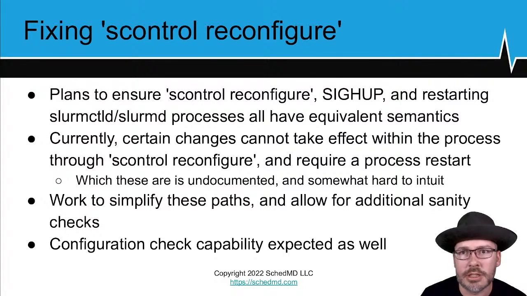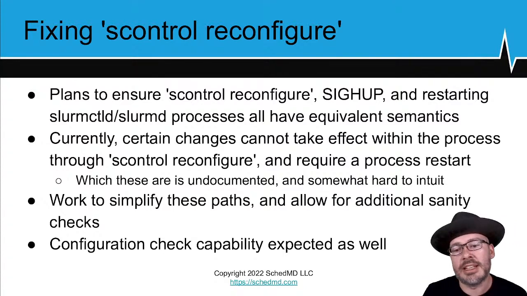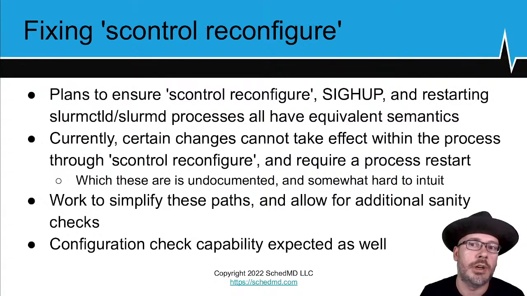And as part of that, do a configuration sanity check to make sure that new child, either Slurm controller or slurmd process or slurmdbd process, is actually alive and that it hasn't hit some sort of fatal warning or had some other issue bootstrapping itself.